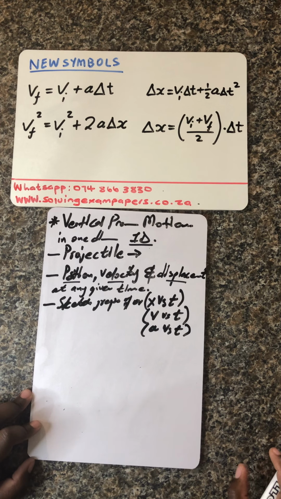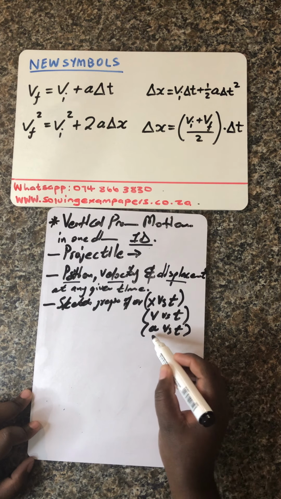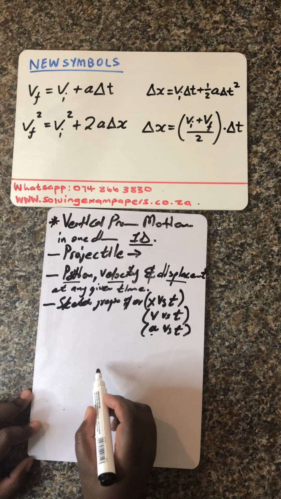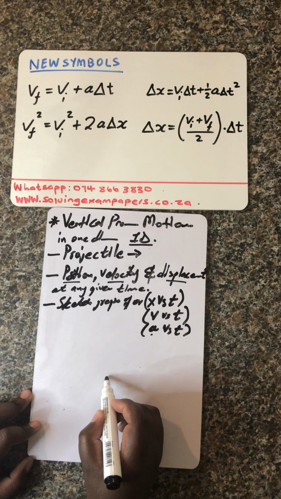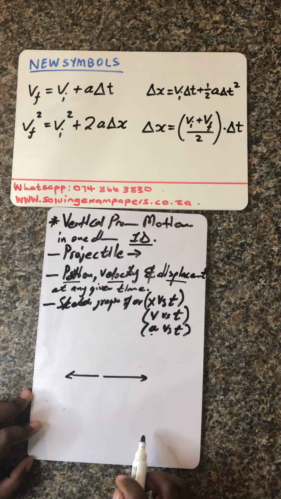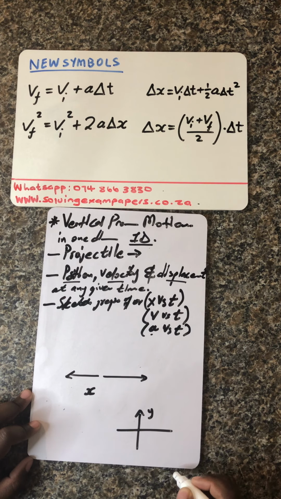Okay, ladies and gentlemen, before I explain to you the scenarios, let me just explain in terms of why and what else. A as acceleration. Remember, you may have a car which is moving horizontally in that direction or in that direction. In this case, we refer to the displacement or the position in terms of x. Remember, from the Cartesian plane, we've got the vertical line as y and the horizontal line as x.